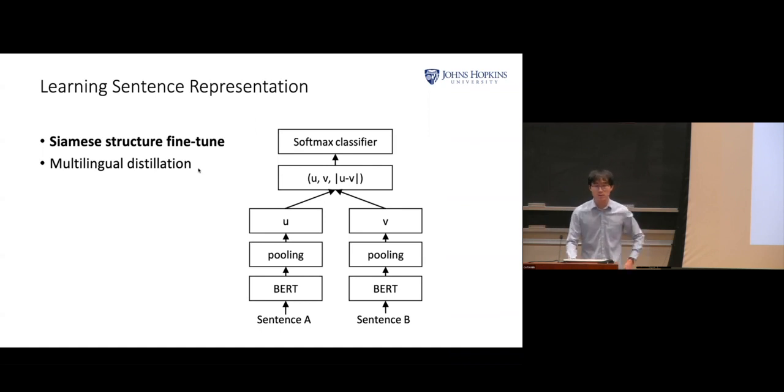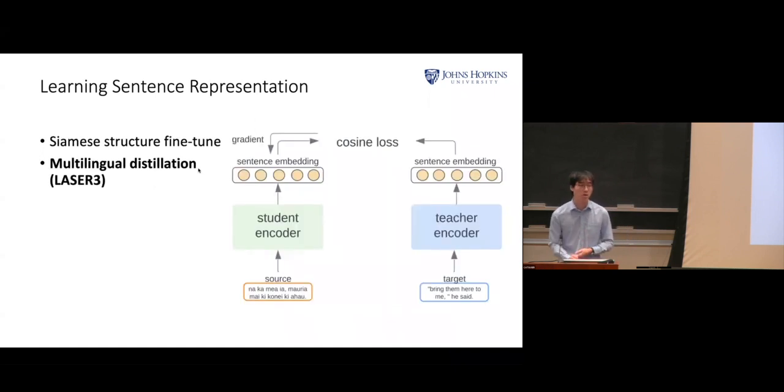However, in my previous experiments, I found that it's not very helpful for many low resource languages, or extremely low resource languages that are not included in the pre-training languages for those large models, and they just don't generalize well.